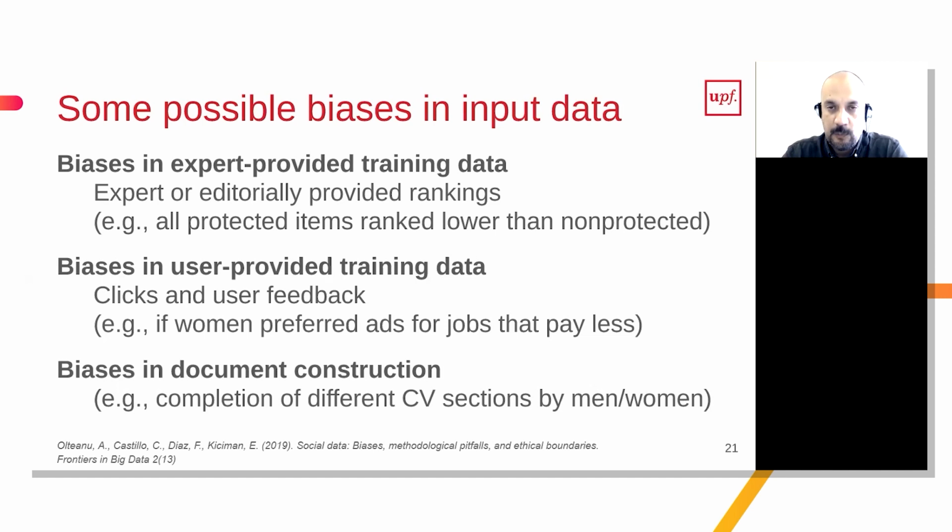And this means that any ranking algorithm that is supposed to assign different weights and importance to different parts of a document will have trouble ranking these two sets of documents equally or fairly, because the documents are constructed differently. This is very difficult to anticipate, and if you try to have a universal ranking function, it will not perform well. It will perform better for some groups than for others.